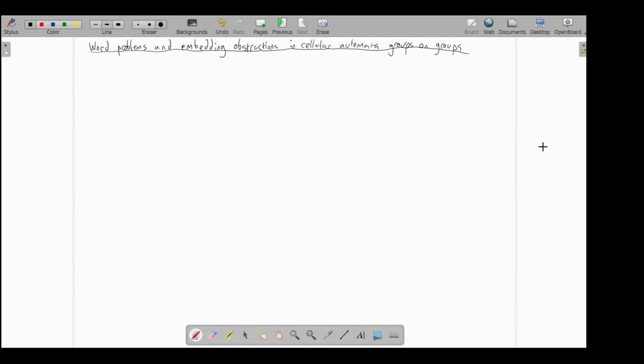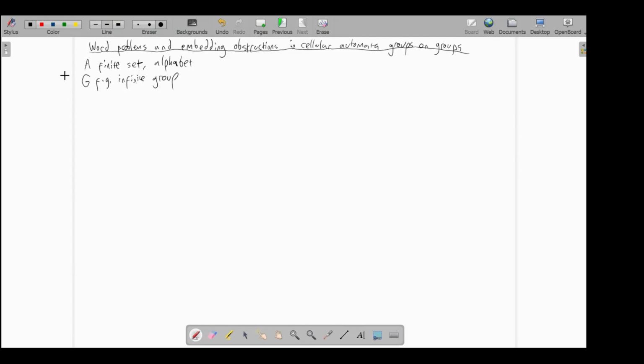So let me start by defining the basic objects. So we want some finite alphabet, just a finite set A, we usually call it the alphabet. And then we also have a group, and I would like to take a finitely generated infinite group.